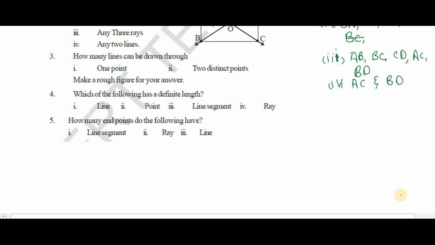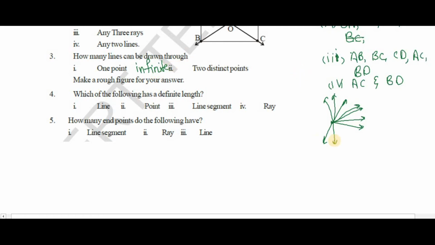How many lines can be drawn through one point? So with one point, how many lines can I draw? So many we can draw with a single point, right? So the answer is infinite or many. Infinite is nothing but countless. That is the meaning.